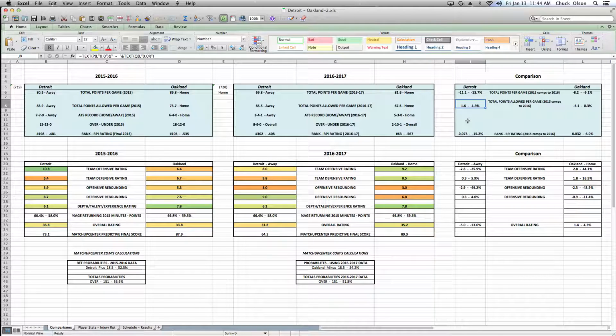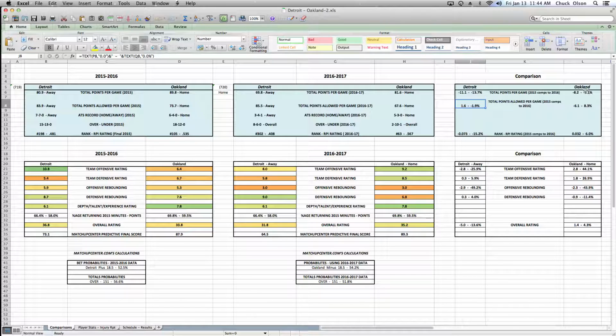Detroit is giving up 1.6 more per game, which is a decline of 1.9%. So per game, we're looking at a 12.7%, or rounded up to 13 points, not percent, point giveaway, or somewhere around 15% of their points, as opposed to last year.